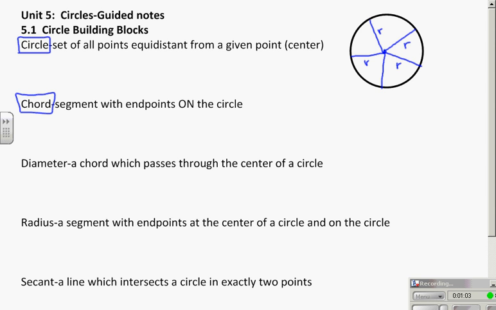Now, a chord might be a new term, and a chord is a segment whose endpoints are on the circle. So for example, AB would be a chord. For example, DC would be a chord.